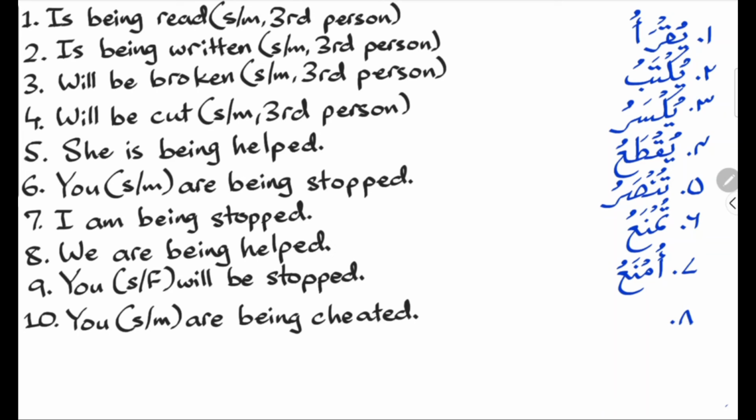Number 8, we are being helped. Help is nasara. We are being done is nuf'alu. So that is nunsaru. Number 9, you singular female will be stopped. Stop again is mana'a. You singular female will be done is tuf'alina. Mana'a on the wazn of tuf'alina is tumna'ina.